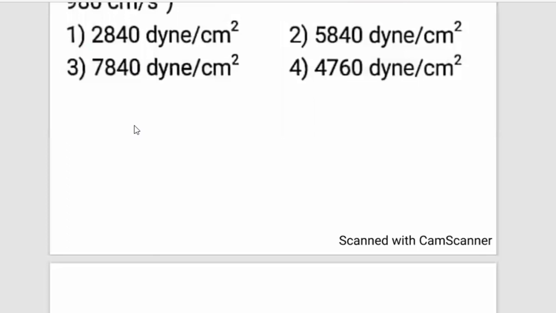So the excess pressure for an air bubble, delta P, we can write as 2T by R. Then with the depth, P is equal to rho g h plus 2T divided by R.